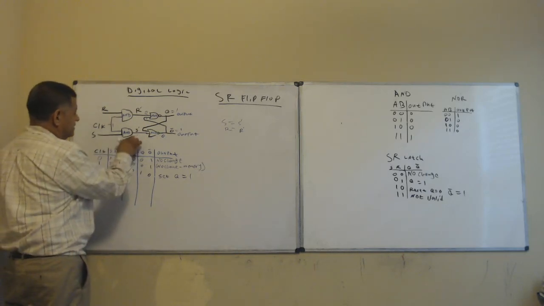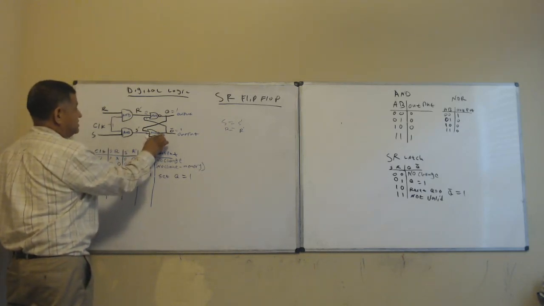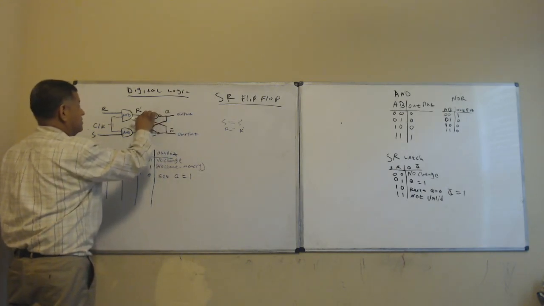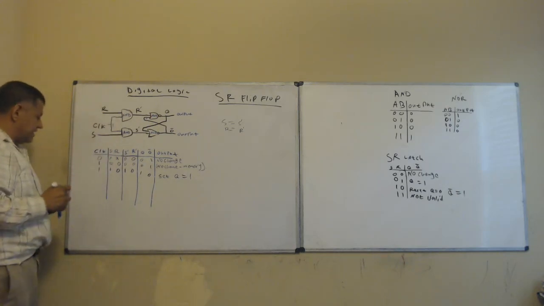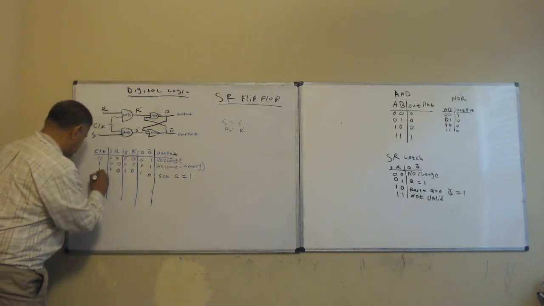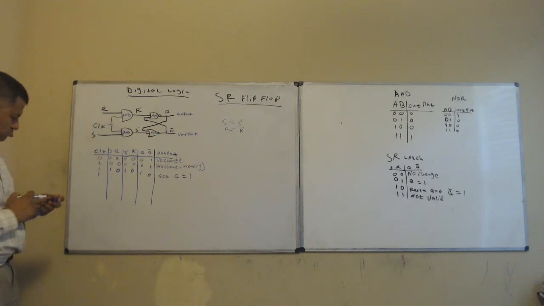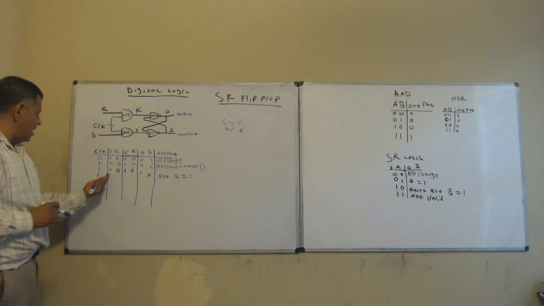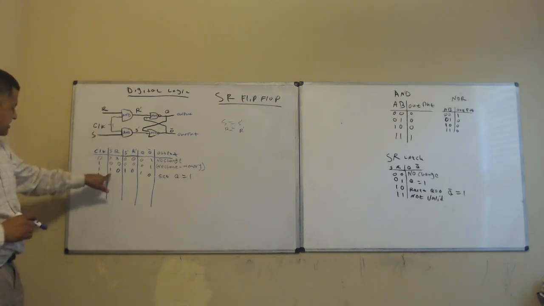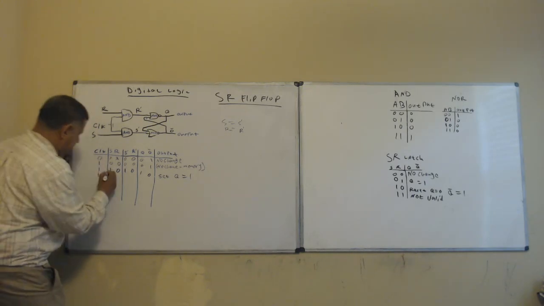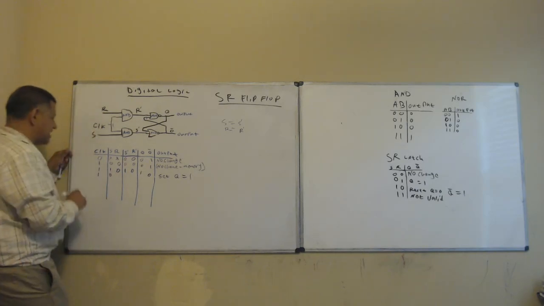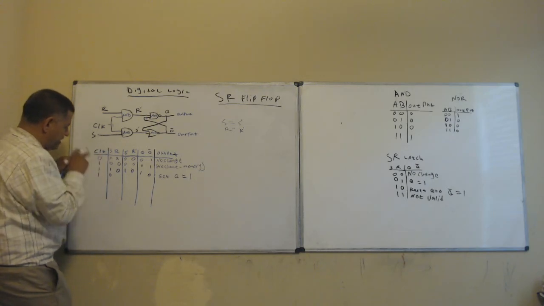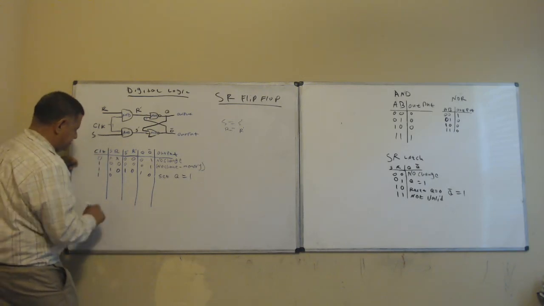Next, let me erase this because it's easy to get confused. We maintain the clock at 1; the clock is still 1. We set S to 0, or we can say reset.